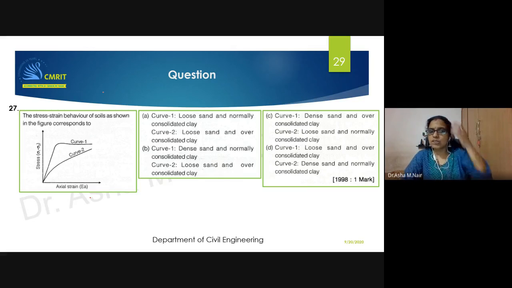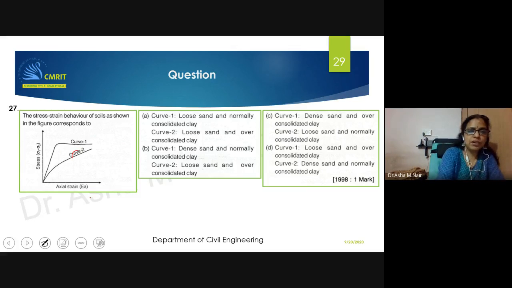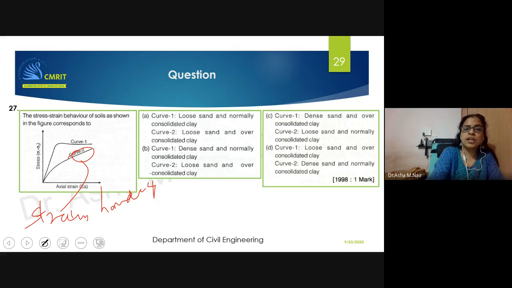If it is a loose sand, what type of behavior will be shown? Please note this behavior, we call this strain hardening behavior. And this is called strain softening.